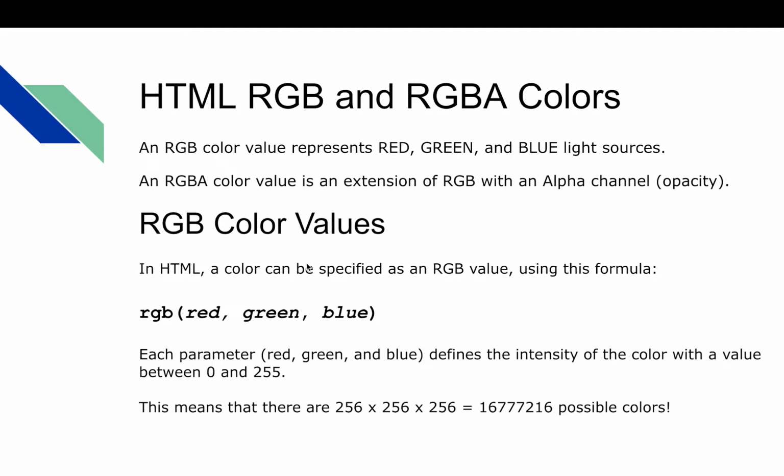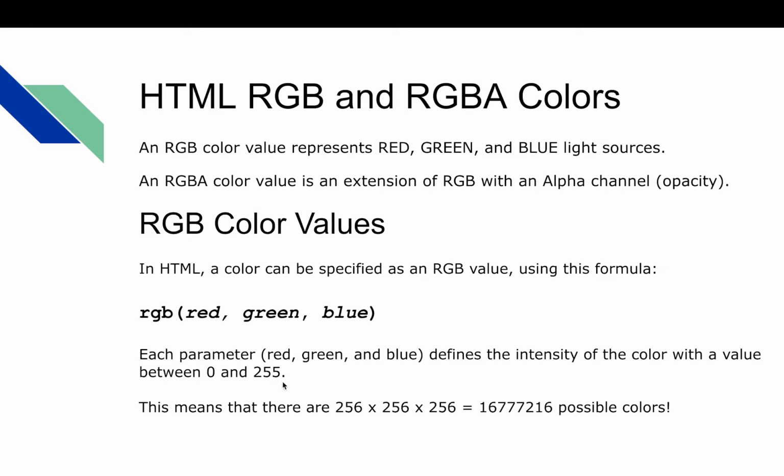Back to our slide. So it's RGB color value. In HTML, a color can be specified as an RGB value using the formula of red, green, and blue. Each parameter, red, green, and blue, defines the intensity of the color with a value of 0, that's the least value, and 255, which is the highest value.